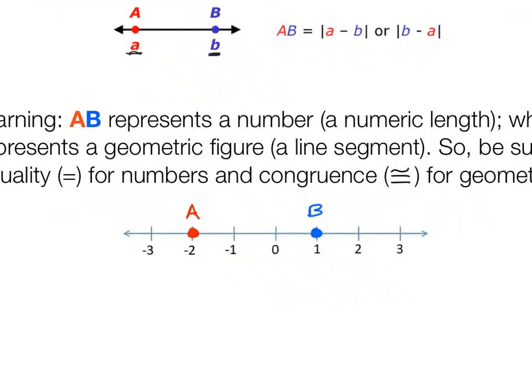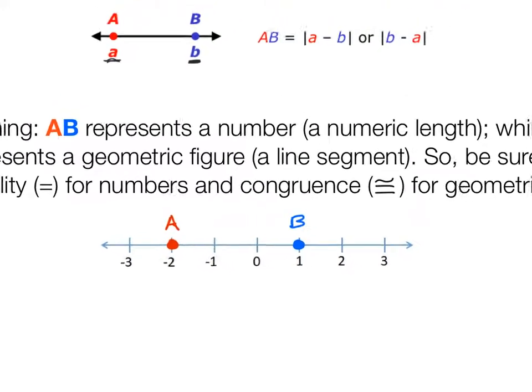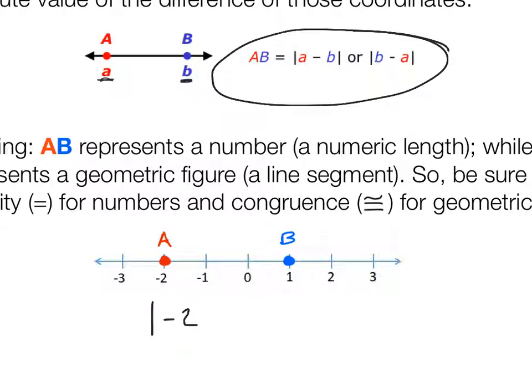So if we looked at this example here, if we're using this formula, we would take little a, which in this case would be -2, minus little b, which would be 1, and we take the absolute value of that. So it would be the absolute value of -3, which is equal to 3.